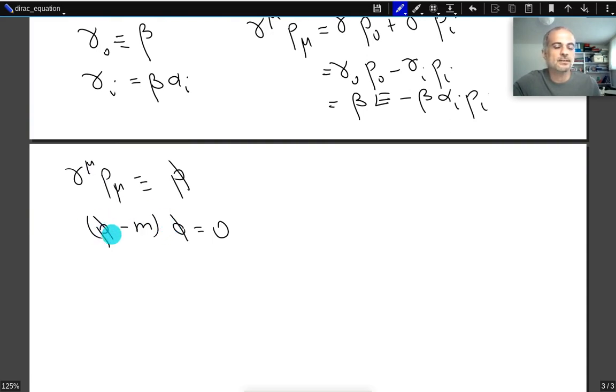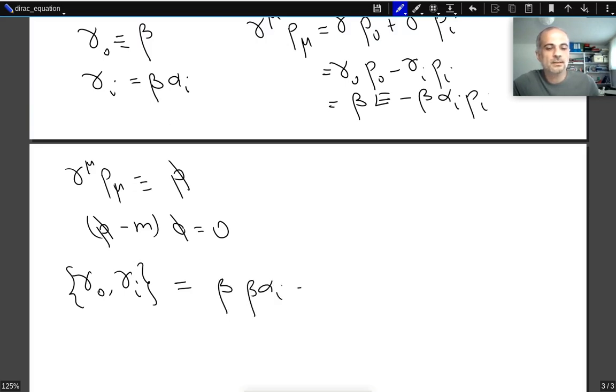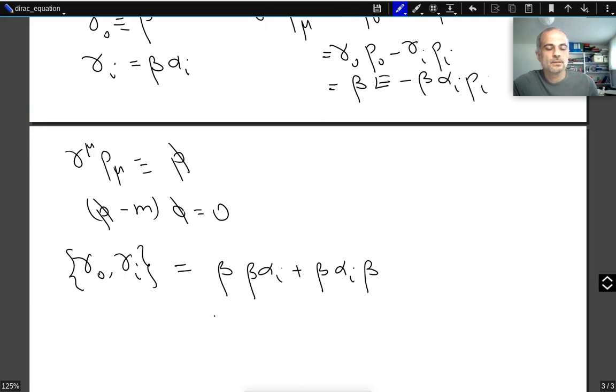Now let's look at the commutation relations of these γ^μ's. So let's look at the anti-commutator of γ^0 and γ^i. This is equal to β β α_i plus β α_i β. Since β squared is 1, this is α_i.